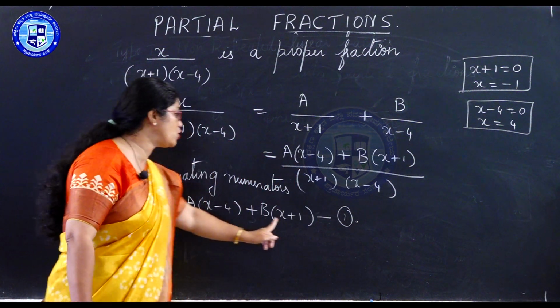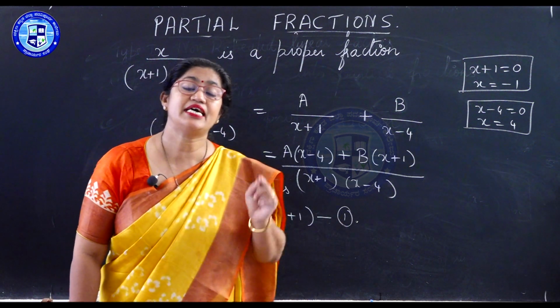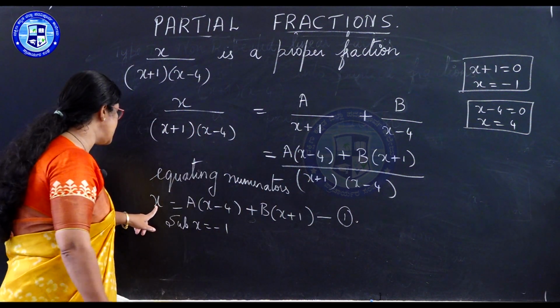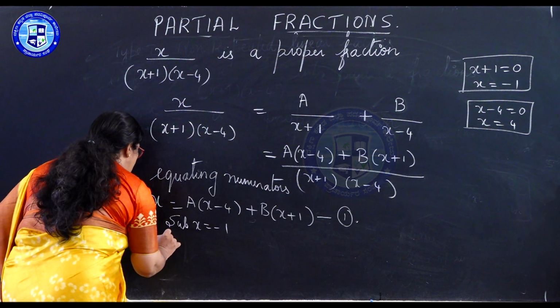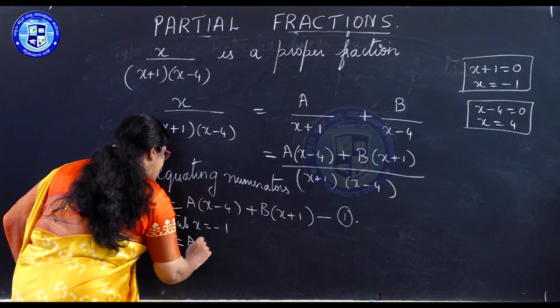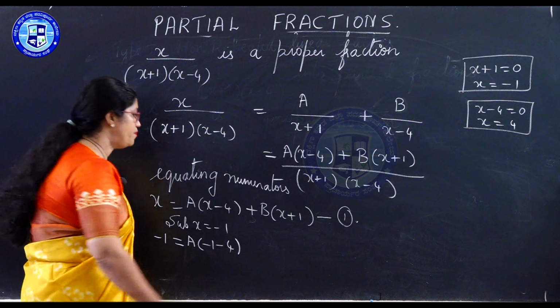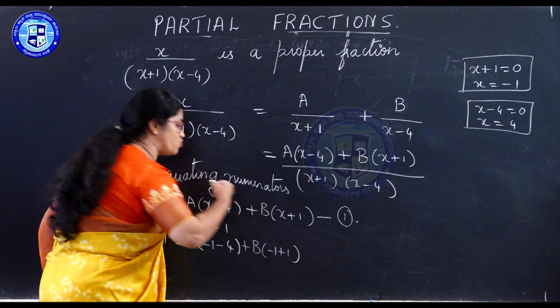In this full equation 1, wherever there is x, replace it by minus 1. So what happens here? Left hand side, if I replace x by minus 1 is equal to a into minus 1 minus 4 plus b into minus 1 plus 1.